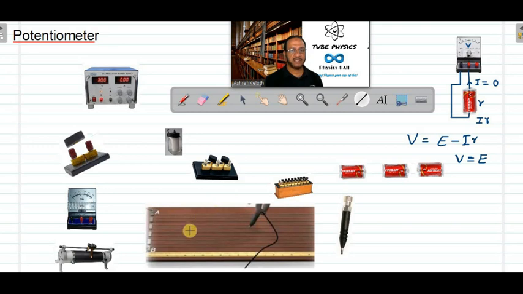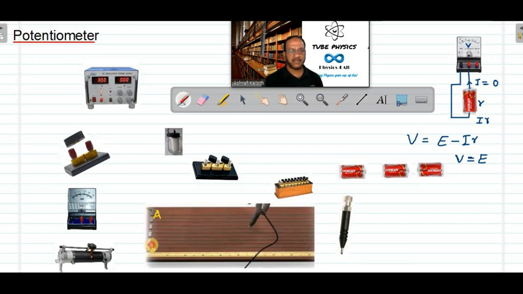Now you can see here the potentiometer. It consists of a 10 meter wire, starting from this point A. This 10 meter wire is fixed on a wooden board, 1 meter length, then 2 meters, then 3, 4, 5 like this, until it reaches the last terminal B, where the total length will be 10 meters.